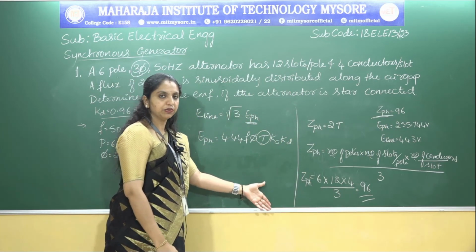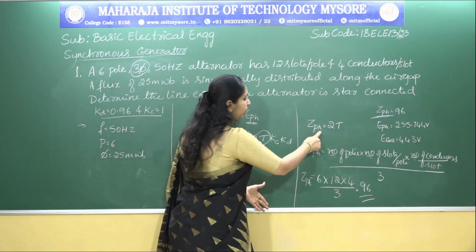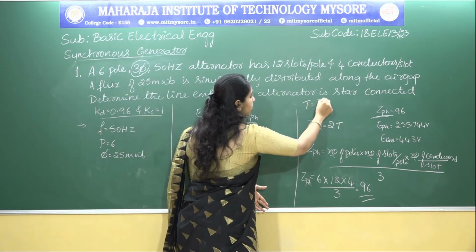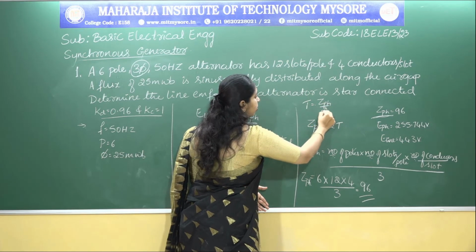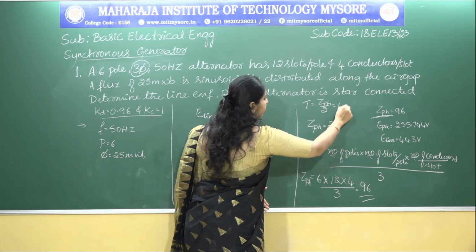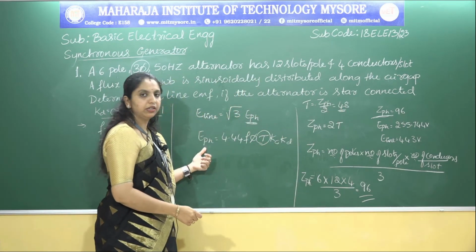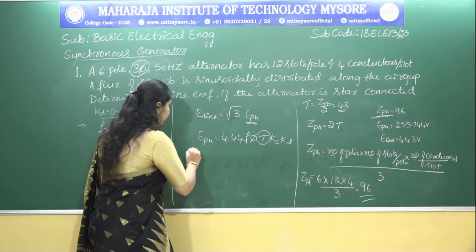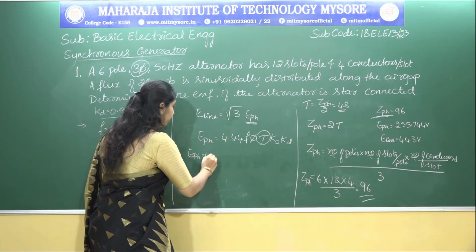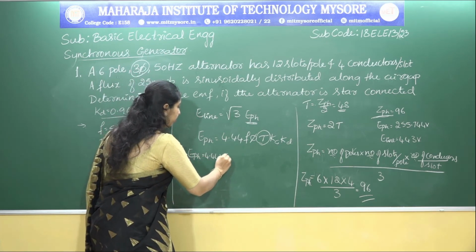Once you get the value of ZPH, you need to find out the value of T. T is equal to ZPH divided by 2. So 96 divided by 2 is 48. Substitute the value to find EPH, where EPH is equal to 4.44 into 50.